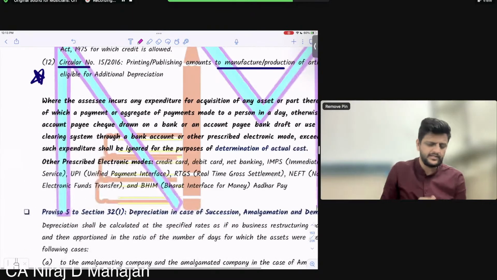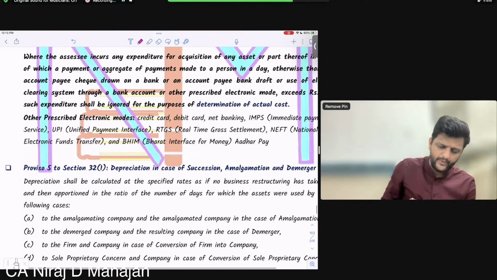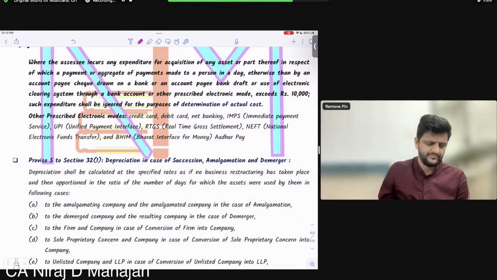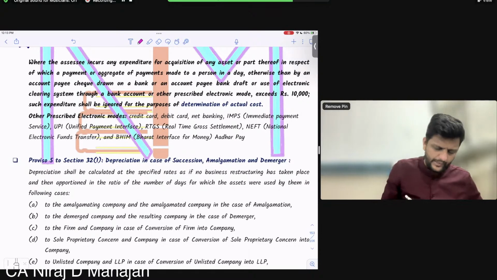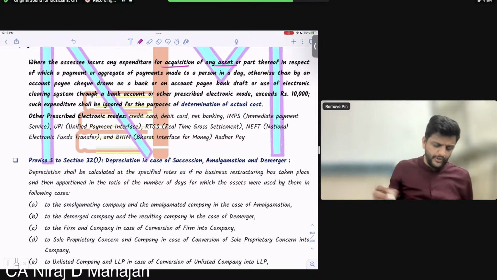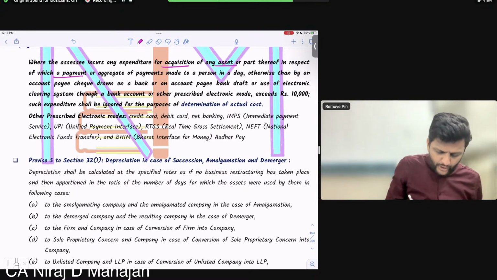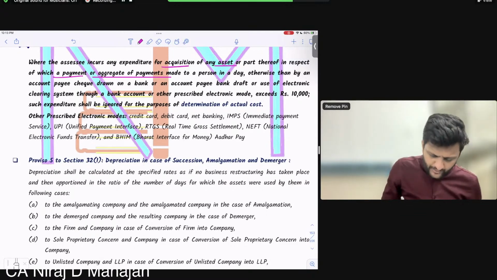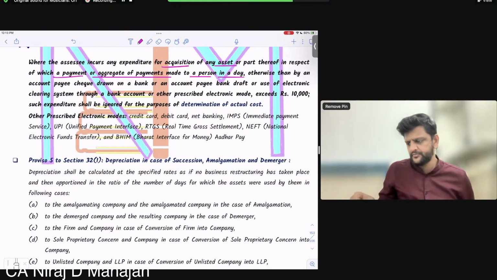Fine. So understand. Whether assessee incurs any expenditure for acquisition of any asset or part thereof, in respect of which a payment or aggregate of payments, single payment or multiple payments, is made to a person in a day.